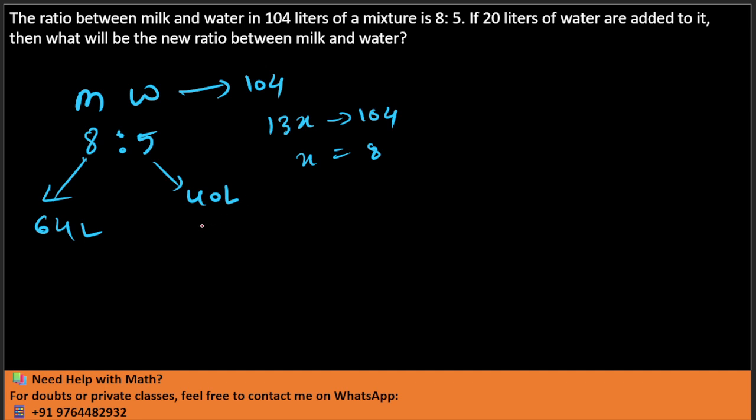So if I add 20 liters of water, it will be 60 liter, right? Now the ratio will be 64 and 60. So with 4 it will be 16 times and it will be 15. So the final ratio will be 16 is to 15.